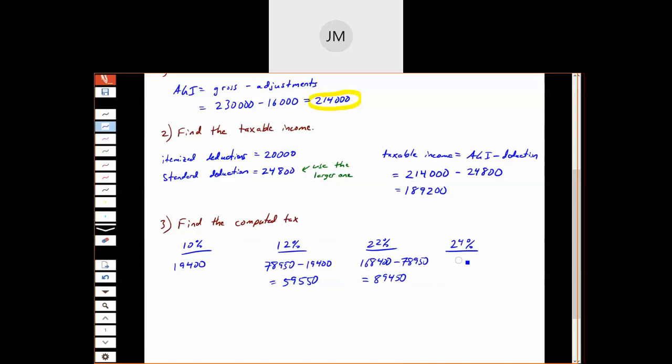We take our taxable income, $189,200, and subtract the $168,400. When I subtract those, we get $20,800.